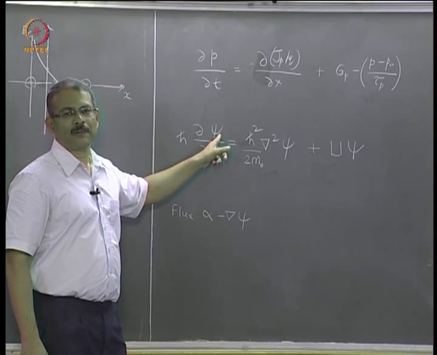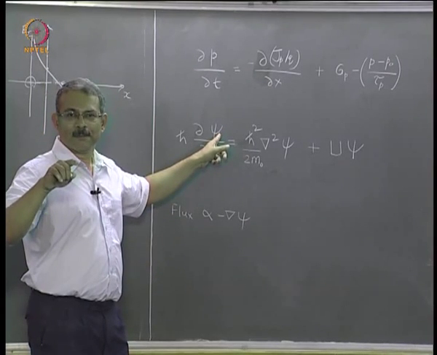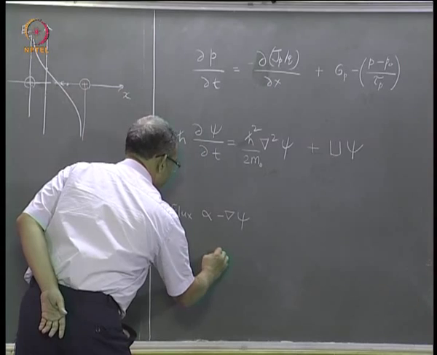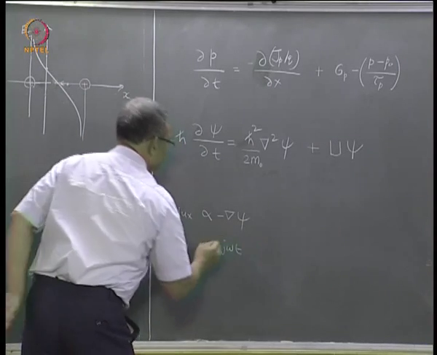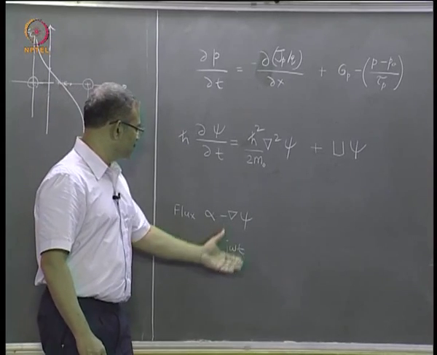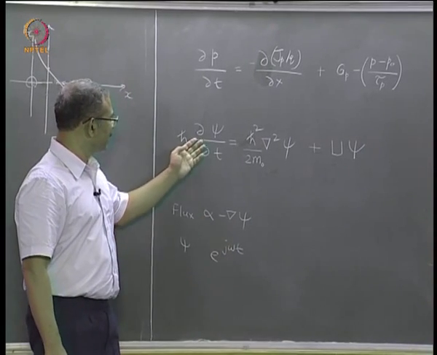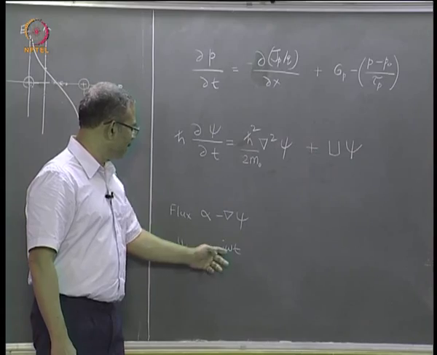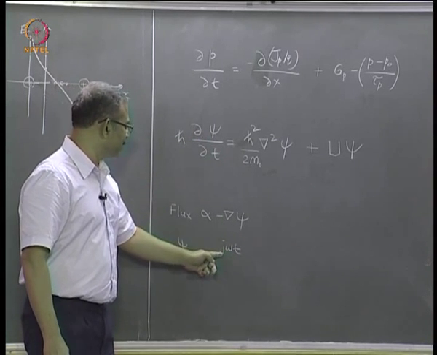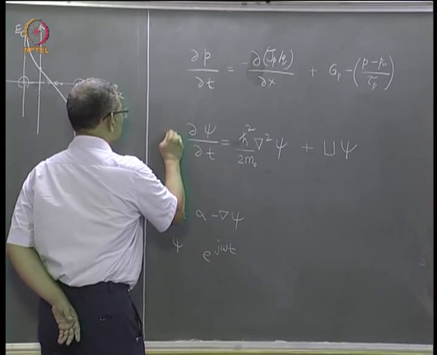Therefore when you differentiate, psi will have a function of the form e power j omega t, for example. We will discuss this point in detail later. Right now just accept some facts. So when I take a time derivative of this quantity, I will get a j out. So one derivative I get one j out, therefore you get a j here.